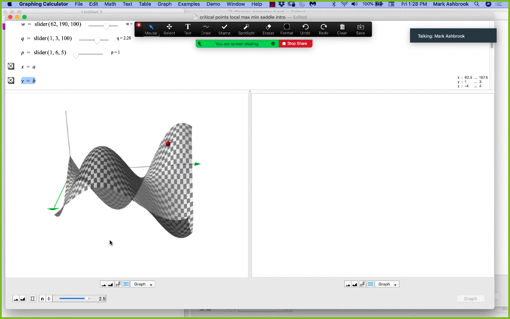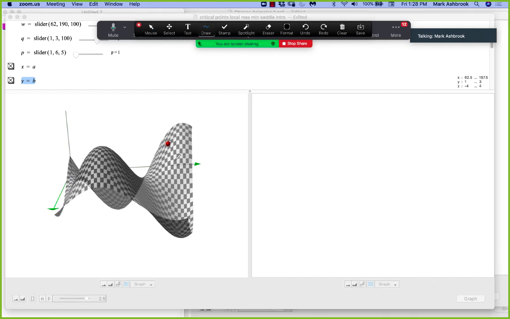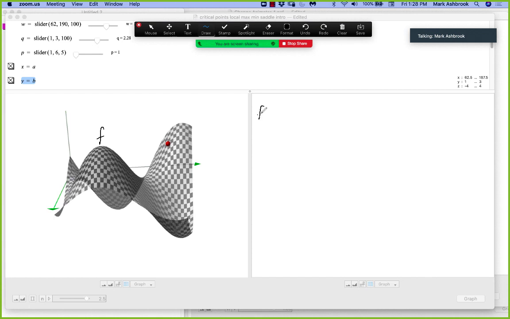All right, and so I want to just review predicting at that point on this surface f. What could we say about the partial with respect to x at this point, x naught, y naught?